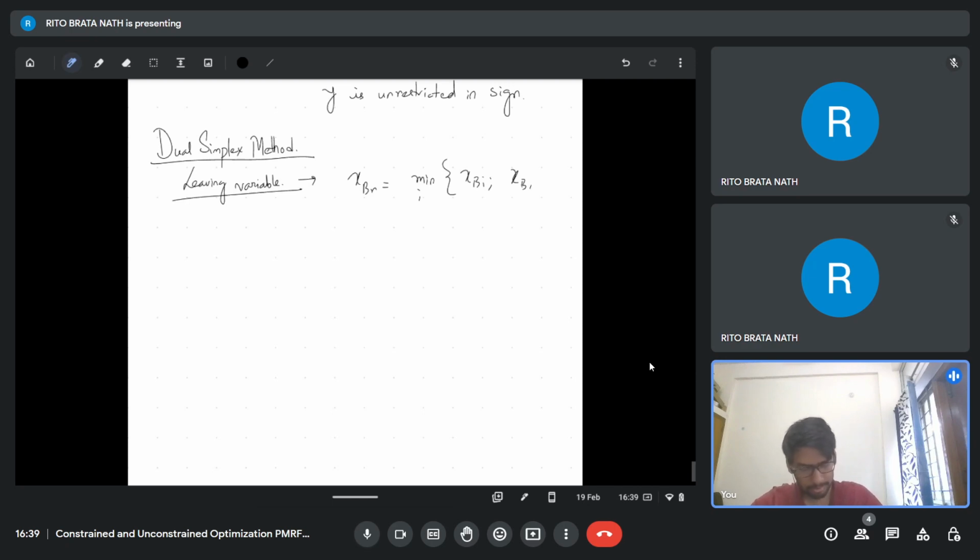That's what you do first. Next you do the entering variable check. Earlier you were doing a min ratio test to check for the leaving variable, but here two cases might happen. If yRj is greater than or equal to 0 for all j, that means there is no feasible solution.